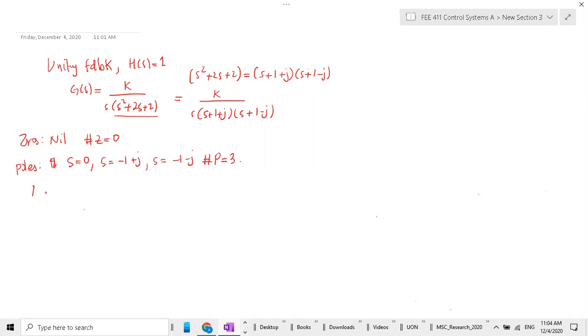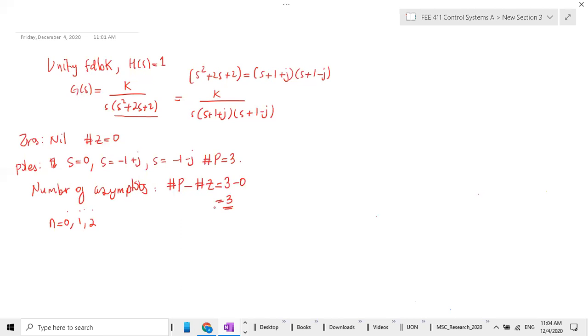Next, the number of asymptotes, which is the number of poles minus the number of zeros, given by 3 minus 0, which is 3. So if it is 3, then it means our n will be 0, 1, 2.